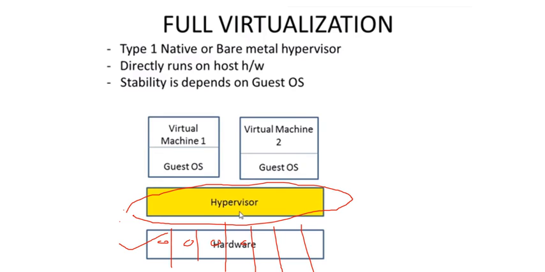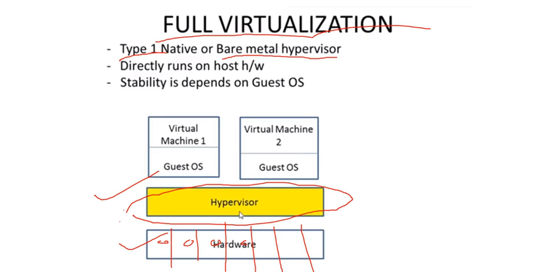So we will talk about the full virtualization. In full virtualization, the hypervisor runs directly on the hardware. So we can see that the layer of the hypervisor is just above the hardware. This type of virtualization is also known as type 1 virtualization, or we sometimes say bare metal hypervisor.